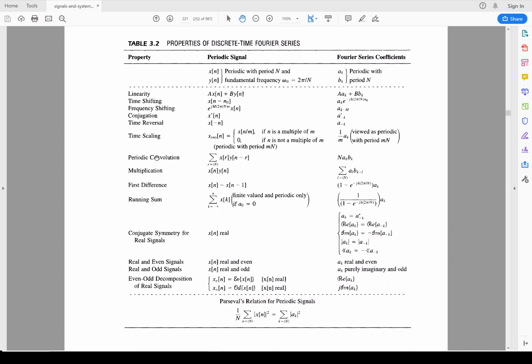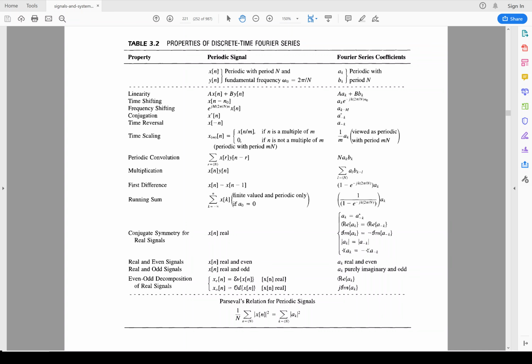So that's the duality there. Here's the first difference, which we derived: a_k times (1 - e^(-jk omega_0)). And there's a running sum, which is analogous to an integrator in continuous time. There are symmetry properties, which are the same as continuous time. And Parseval's relation is very similar to continuous time: the t's are replaced by n's, and the sums take the place of the integrals. Everything changes as you would expect.